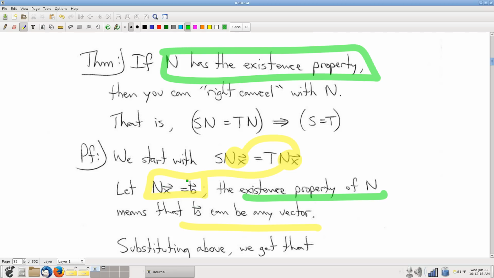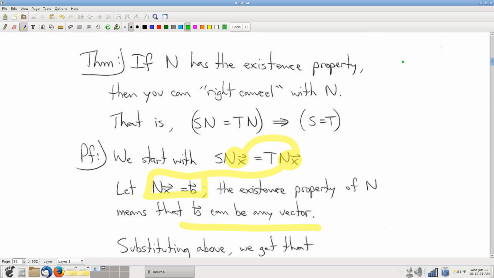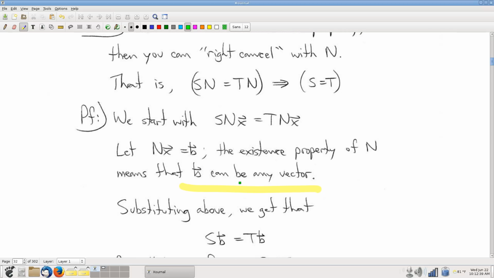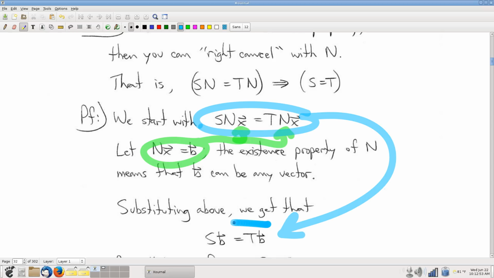Right? So this Nx is not just a specific vector. It could be any vector. By appropriate arrangement, we can make that anything at all. Okay, so b can be any vector. That in mind, plug this b in there and there, and this equation turns into this.